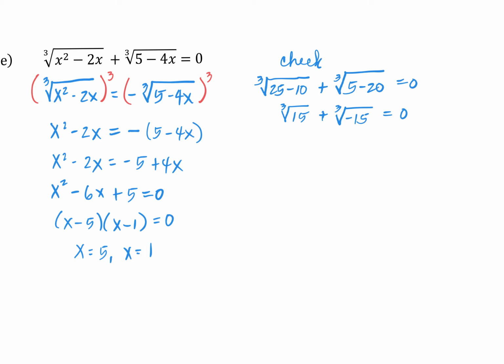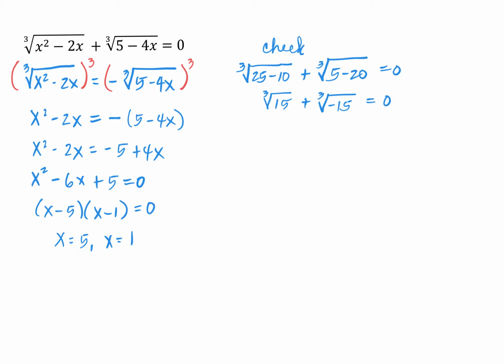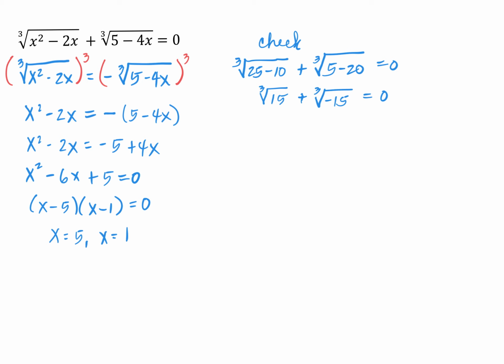And yes, this is going to be equal to 0. Because this is a cube root, and look at the negative 15, that's negative 1 times positive 15, you can actually pull that negative out. So it becomes minus the cube root of positive 15, which will be 0. So that checks out. You can always just put it in the calculator as well, and you'll get 0.